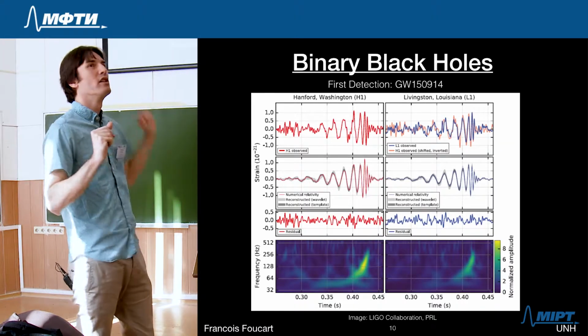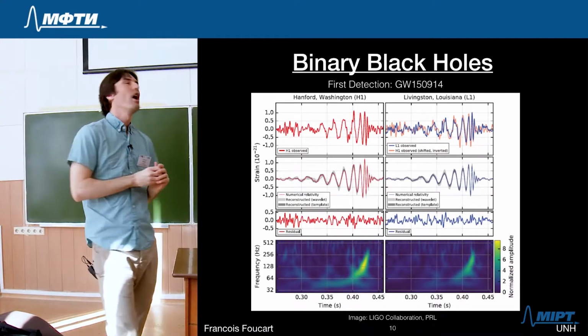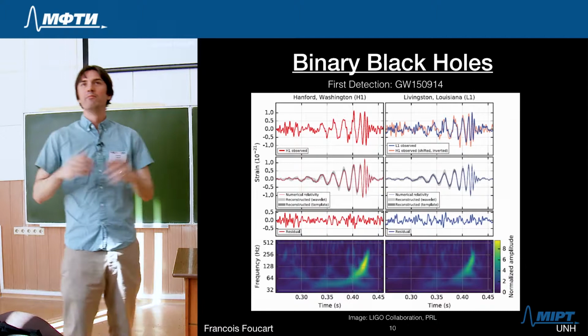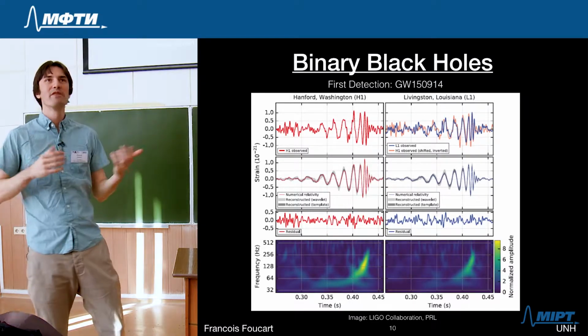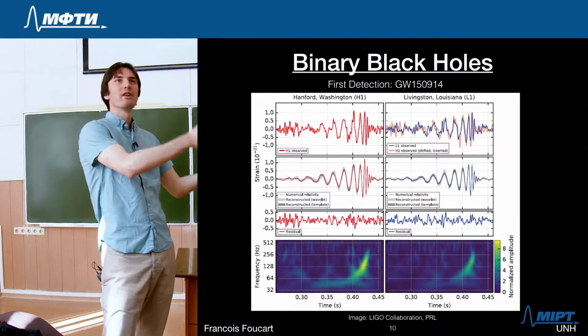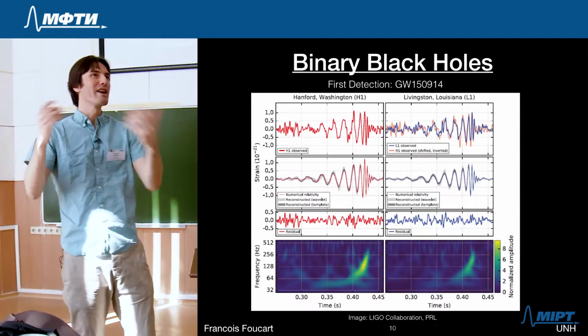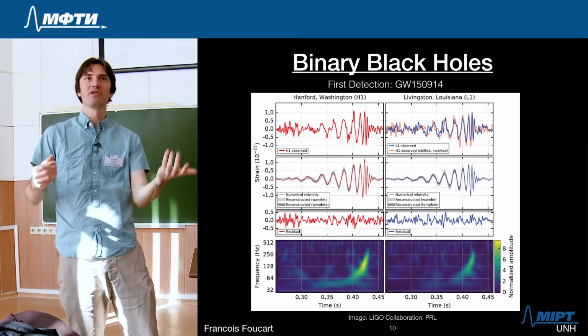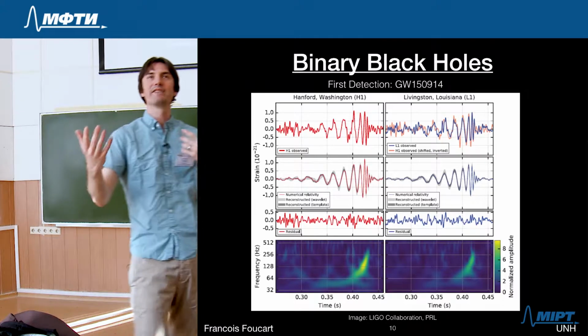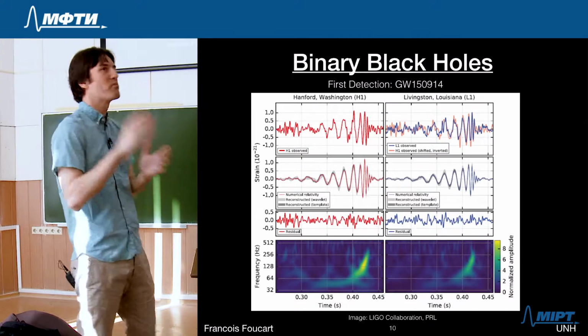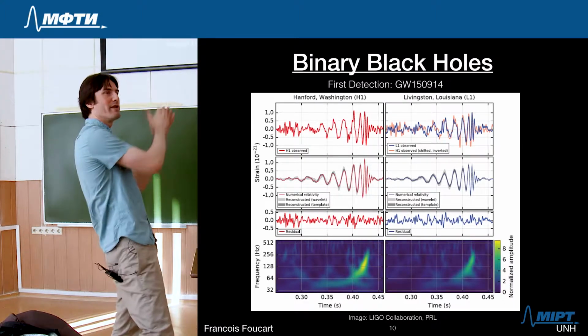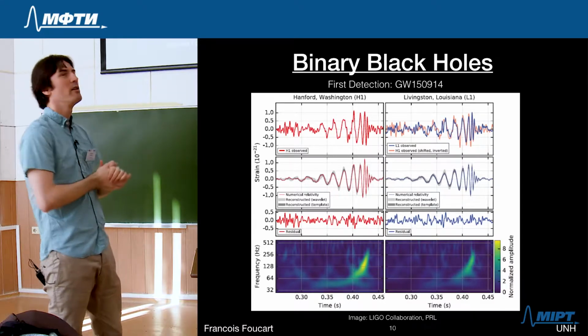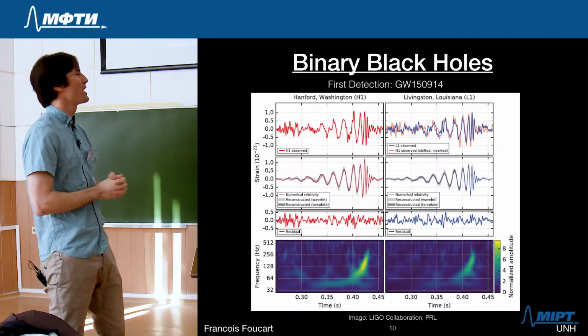And this gives us an idea at least of what the best parameters are for the merging objects, because each of those templates corresponds to a certain mass of the more massive black hole, mass of the smaller black hole, spins of the objects, and so on. So we can get an idea of which parameters are possible for this given event by seeing which of those templates actually match as well.